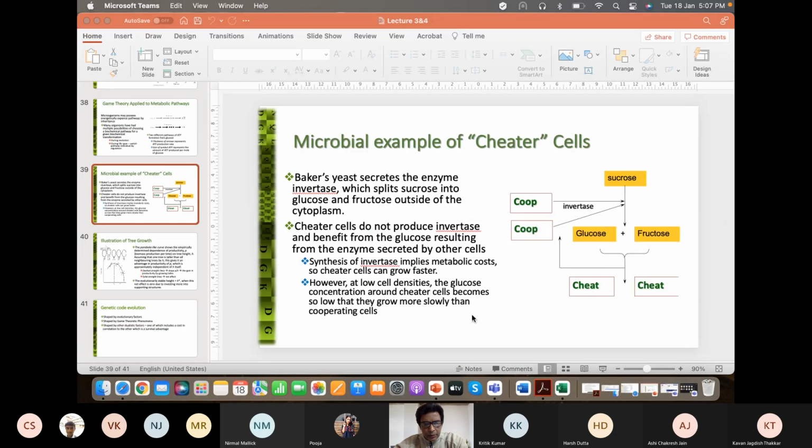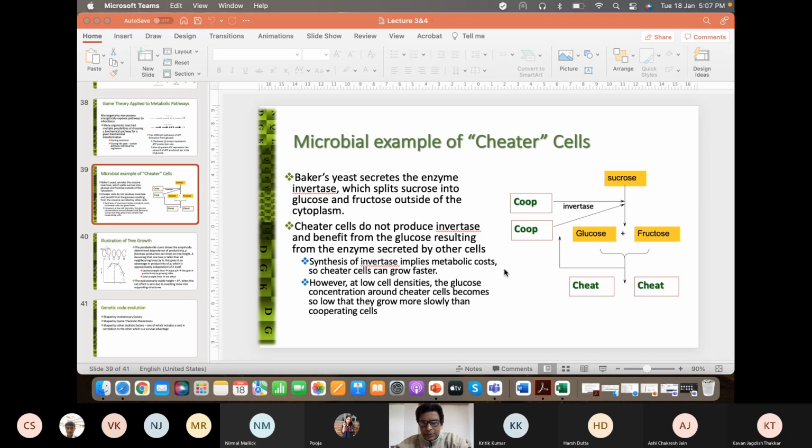Okay, so now there are these cheater cells which are present, which do not have this capacity. Now, what do you expect when you have an ideal or a model system in which you have both cheater cells as well as the cooperative cells? Then what happens is that these cheater cells will usually grow much faster because they don't have to spend any metabolic energy for synthesizing this enzyme called invertase.